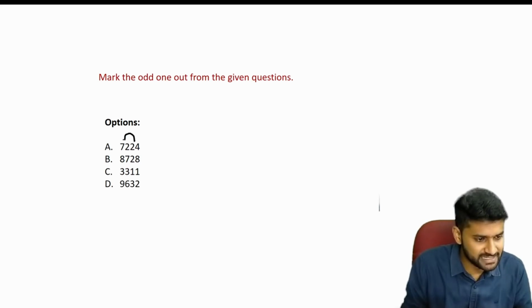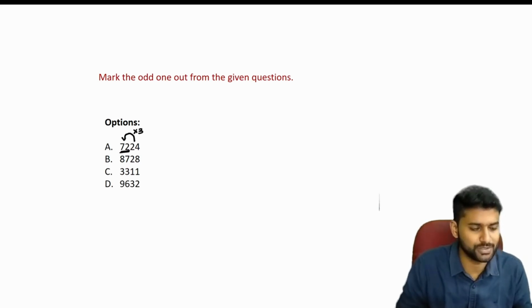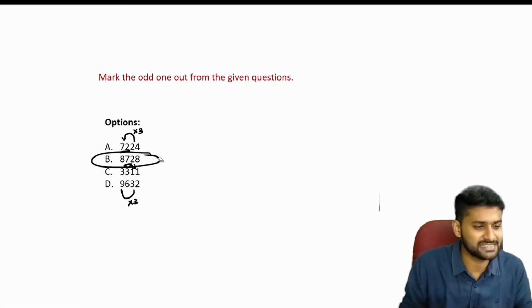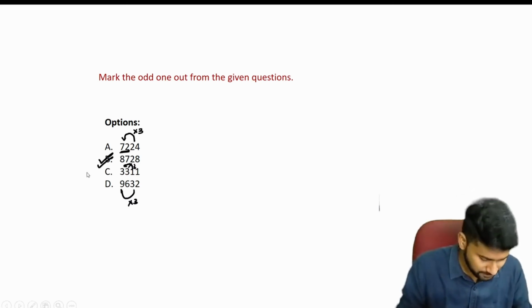Consider the last two digits as a number. If 24 is multiplied by 3, you will get the first two numbers. The same way, if 11 is multiplied by 3, the result becomes 33. If 32 is multiplied by 3, it becomes 96. So, it violates this condition. That's why here the odd one out is 8728.